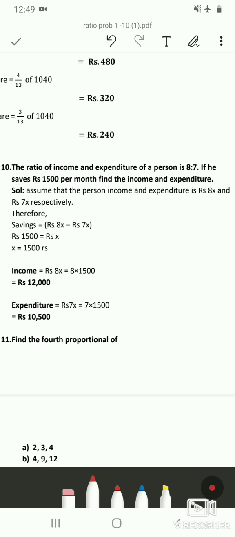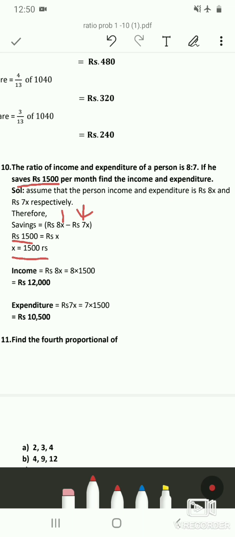We know that income minus expenditure gives your savings. Here we have taken income as rupees 8x and expenditure as rupees 7x, and in the question they have given the value of the savings. So substitute that. Therefore the saving is rupees 1500 and 8 minus 7 is 1, so we get x as rupees 1500.